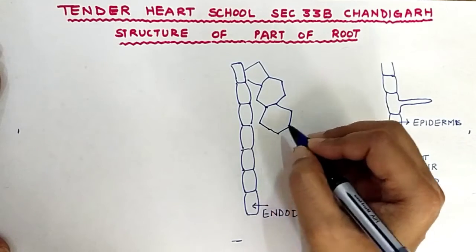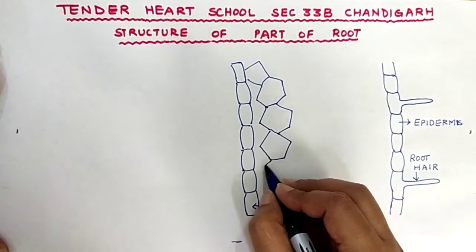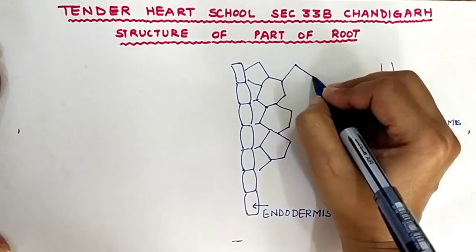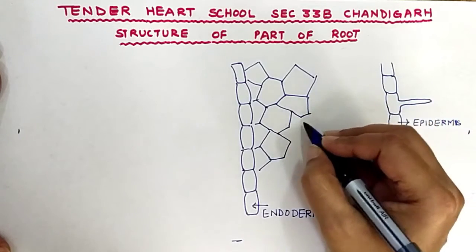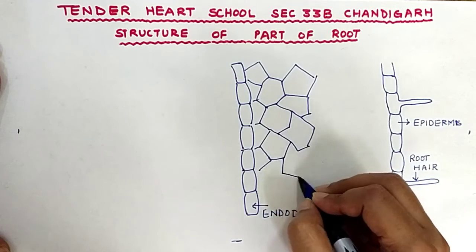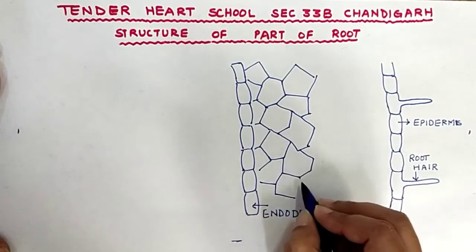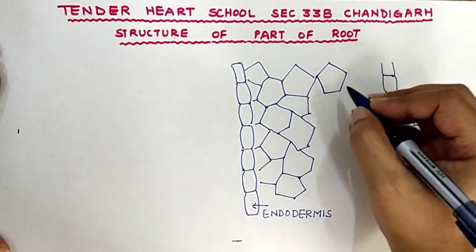These are all cuboidal, right? So this whole region is made up of normal parenchyma cells, which are forming the cortex of the root. The cortex region is the bulk of the root.